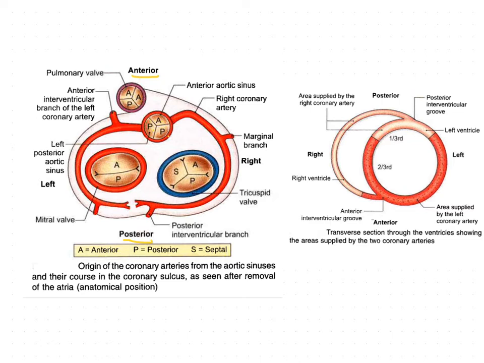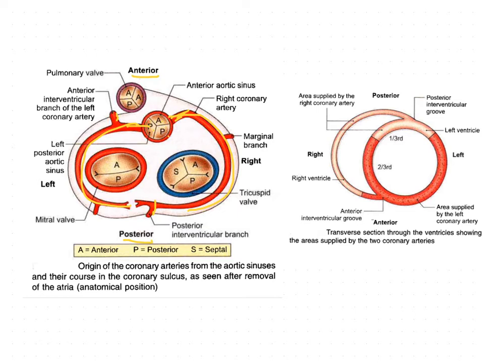The right coronary artery is arising from the anterior aortic sinus. Okay, and left coronary artery is arising from left posterior aortic sinus. Both run in the coronary sulcus itself. Okay, at the posterior interventricular groove, it gives posterior interventricular branch.